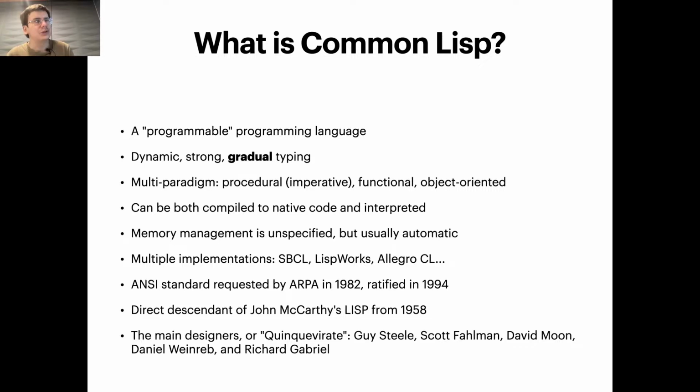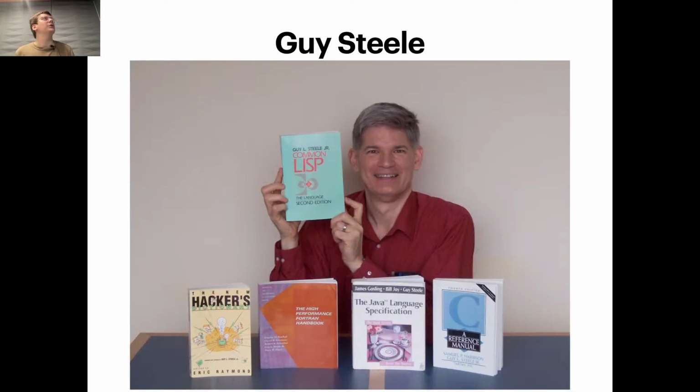And the main designers of Common Lisp are the so-called, not sure how to pronounce it, Quinquiverate. So Guy Steele, Scott Fahlman, David Moon, Daniel Weinreb, and Richard Gabriel. So yeah, this is Guy Steele with the second version of Common Lisp in his hands.